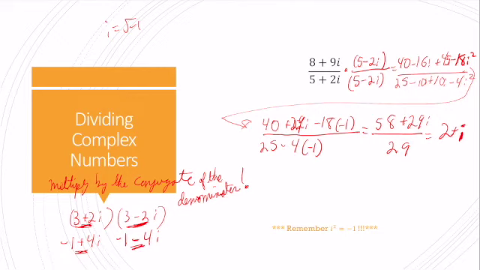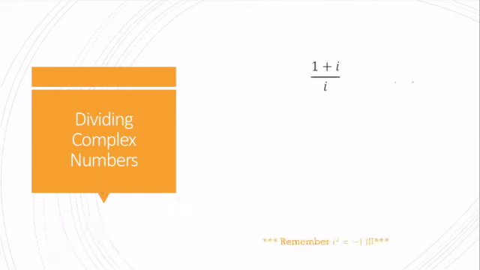So we multiply by the conjugate in order to make sure our denominator is left as a whole number. Now if I just have i, it has a conjugate of negative i. So I'm going to go ahead and write this as 1 plus i over i times negative i.